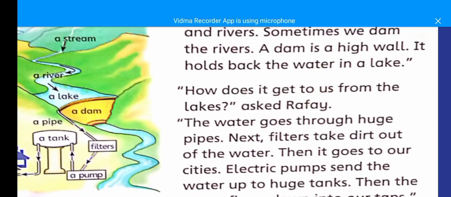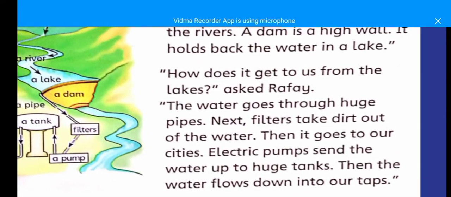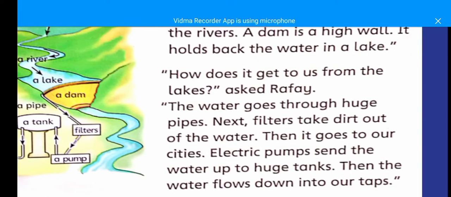So I hope that you all have understood this picture and this text also. Please keep this thing in mind, that you have to read these 2 pages at least twice now in your homes, because we have done the reading now in our lesson, but you have to read them in your homes at least twice.